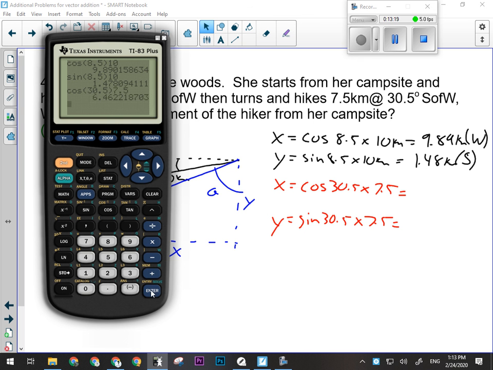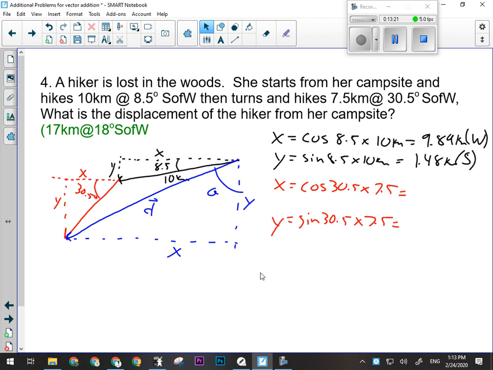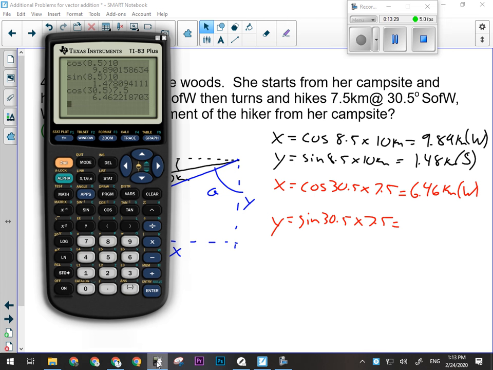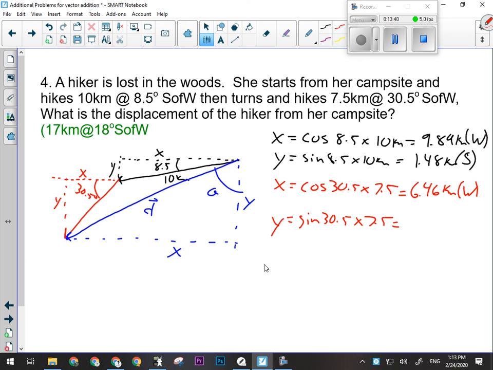So we're looking at 6.46 kilometers west, and 3.81 kilometers south.